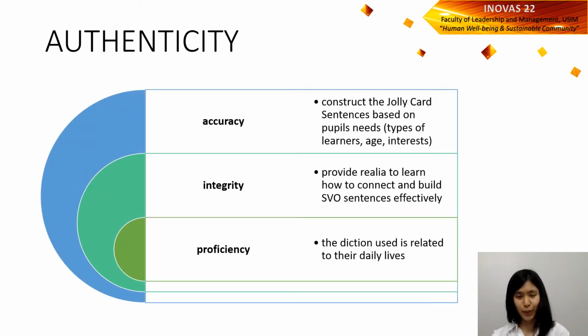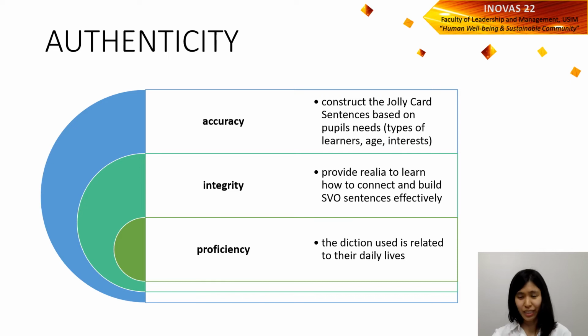In terms of authenticity, we are looking at 3 aspects here, which are accuracy, integrity, and proficiency. These Jolly Card Sentences are very authentic. It's because they are developed based on the real needs of our Year 3 pupils, where it also caters to their learning needs, especially for visual and kinesthetic learners.